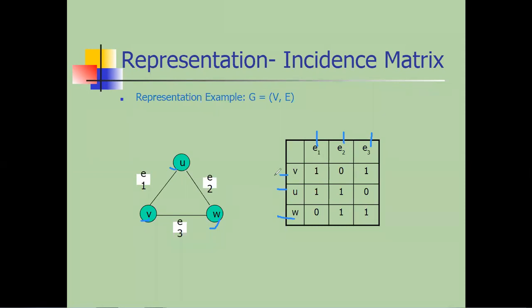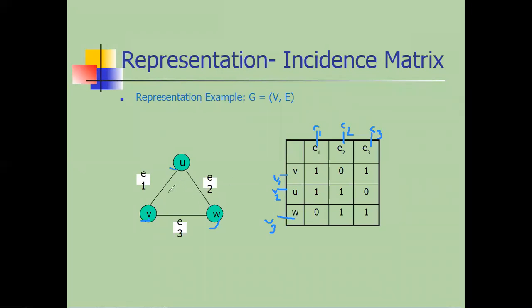This is vertex 1, vertex 2, and vertex 3. Similarly, this is edge 1, edge 2, and edge 3. This is column 1, column 2, and column 3, because a matrix is a combination of rows and columns.